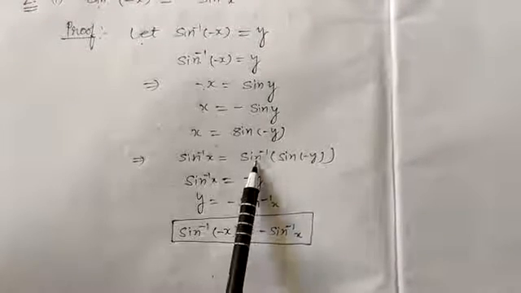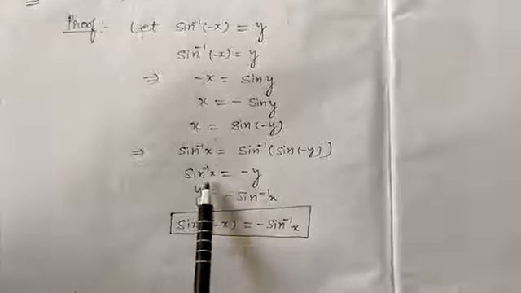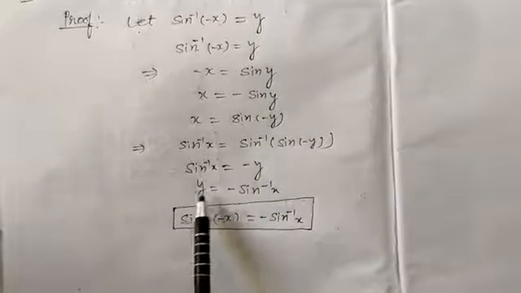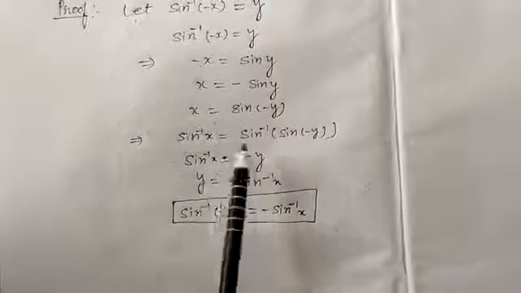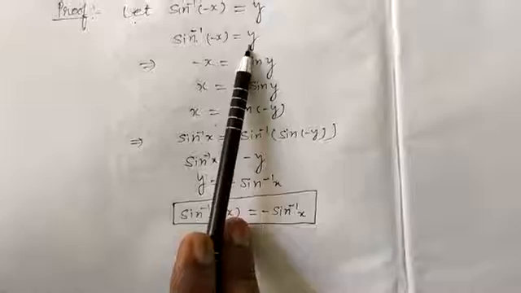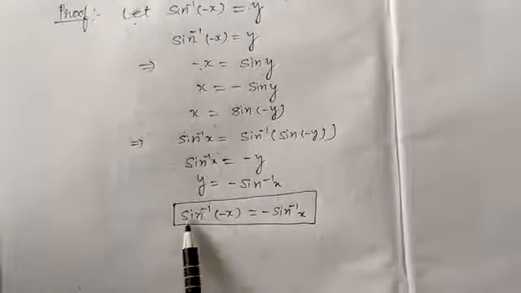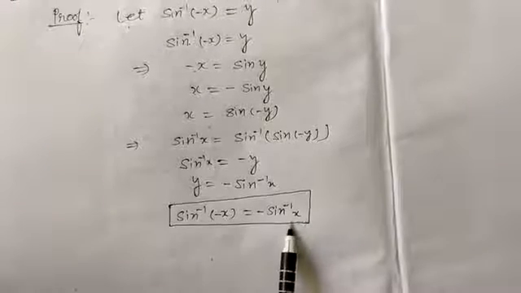We can write sine inverse sine minus y as minus y. Sine inverse x is equal to minus y. Now find the value of y. y is equal to minus sine inverse x. Now substitute the value of y, which is sine inverse minus x. So it will be sine inverse minus x is equal to minus sine inverse x. Hence proved.